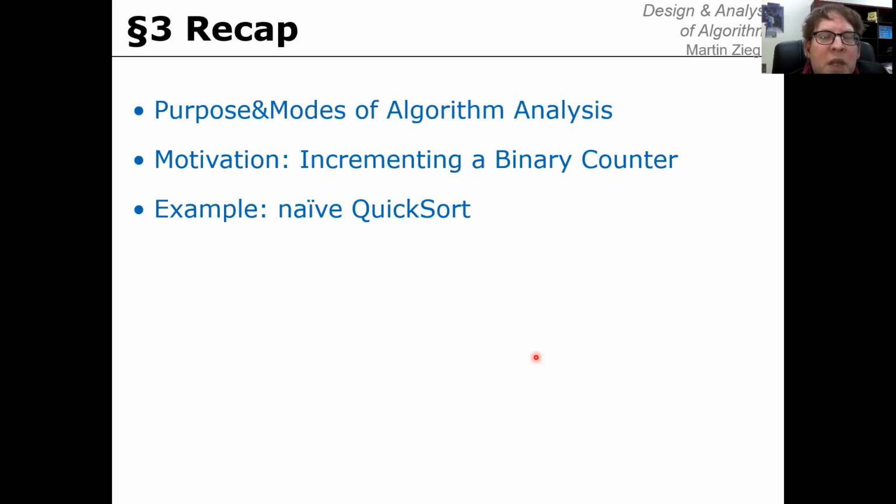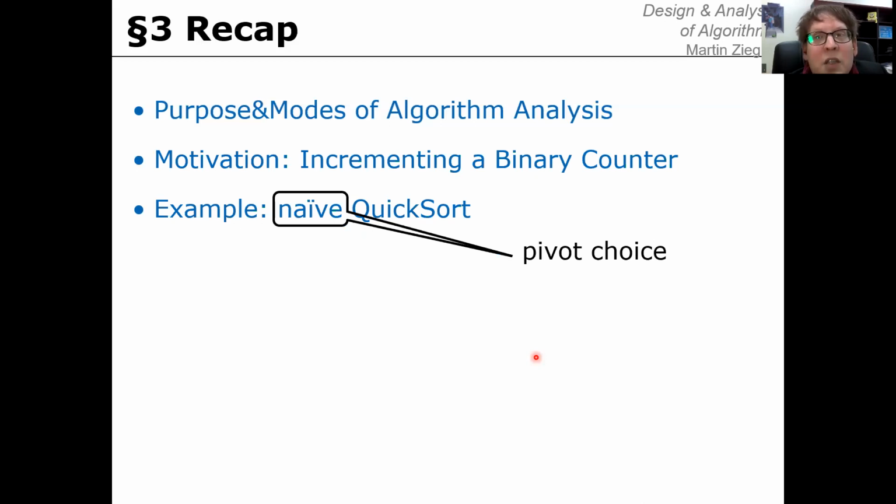And we made an analysis of QuickSort, the naive QuickSort, and we saw that in the worst case it had quadratic running time, but with random choice of the pivot, the average case of QuickSort is O of n log n, which explains why it behaves so well in practice, although the worst case analysis says it doesn't.